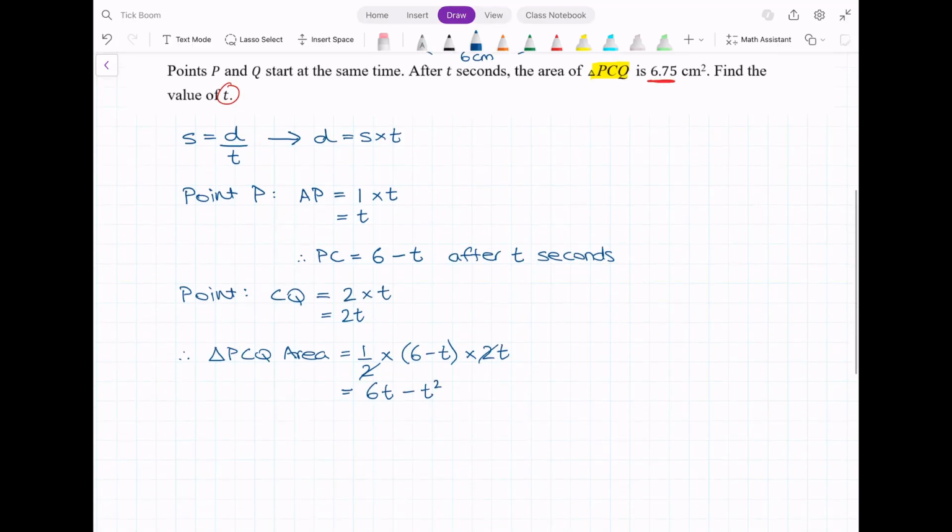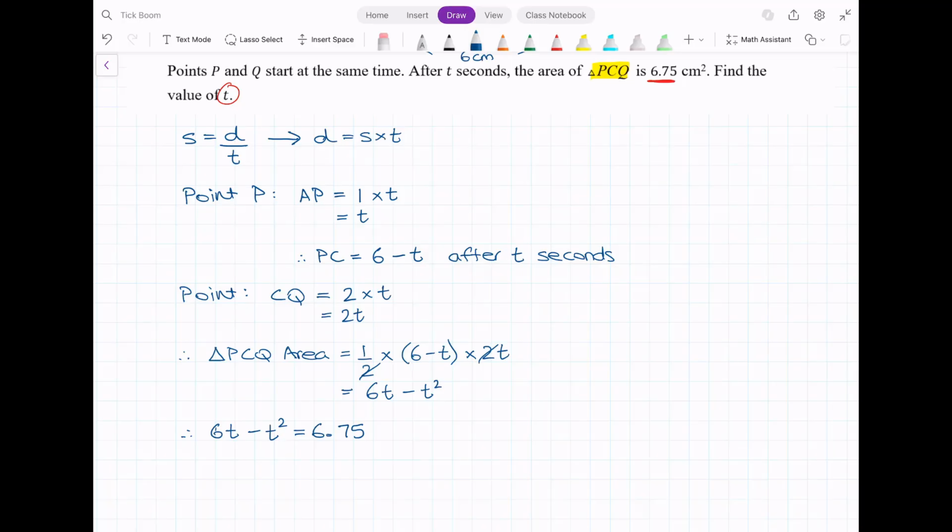Since that area is equal to 6.75, I can conclude that 6t minus t squared is equal to 6.75. And let's solve for t. The highest power of t here is 2, so we're going to have a quadratic. We're going to possibly get 2 solutions.